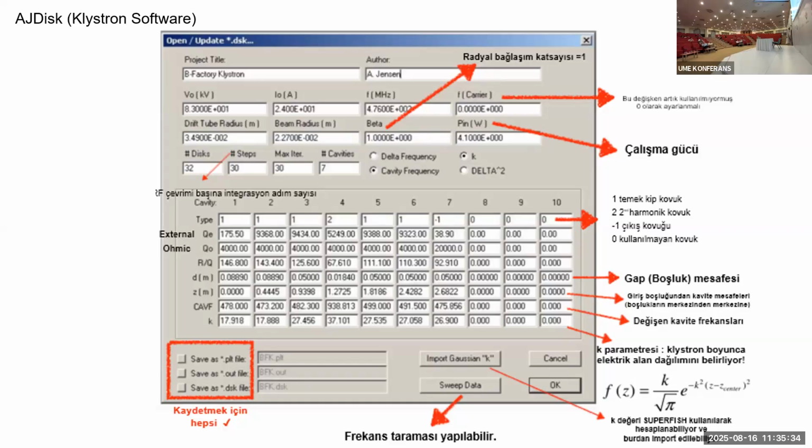Disk radius. You put a radius, some tube, whatever you need. It depends on your design of the electron beam. What's the dimension of the radius? Diameter, not radius. What's the diameter of the electron beam?